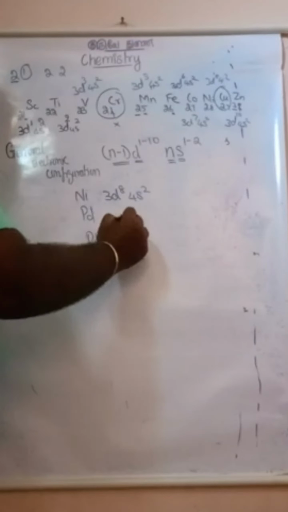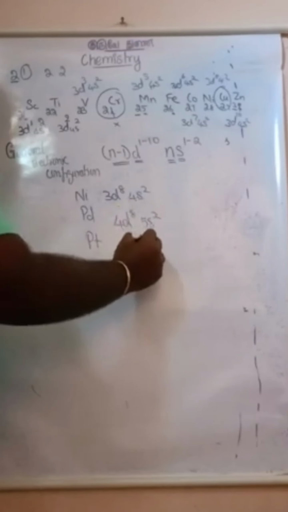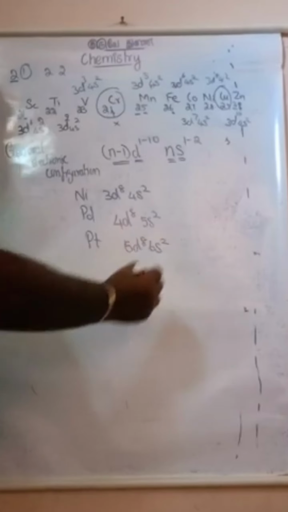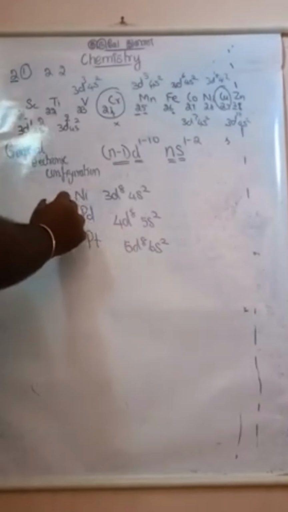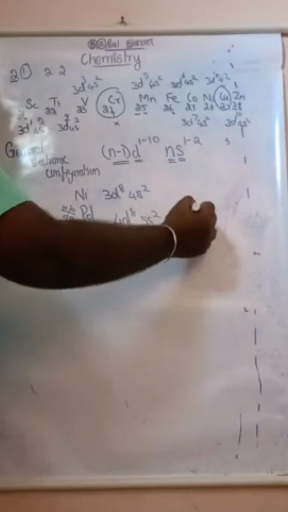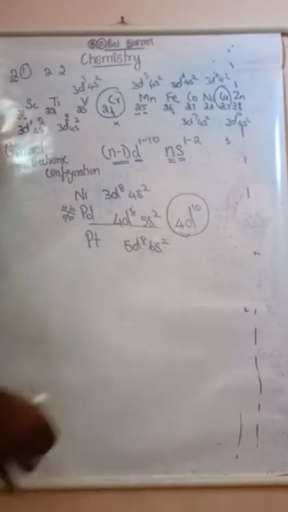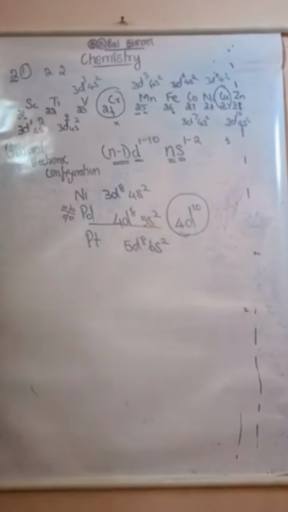Nickel's configuration is 3d8 4s2. What are we expecting for palladium? 4d8 5s2. For platinum, 5d8 6s2. Palladium is the only exception, having no electron in the s subshell. It has all the electrons in the d subshell: 4d10 is the electronic configuration for palladium. Keep this in mind.